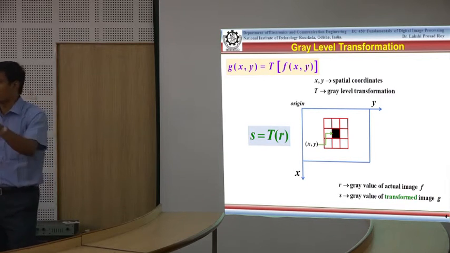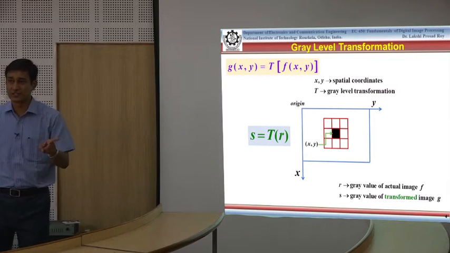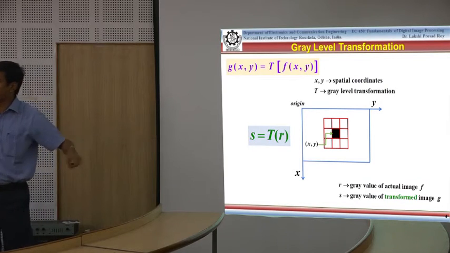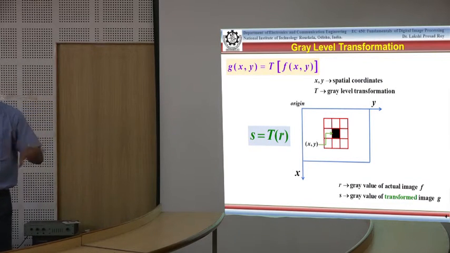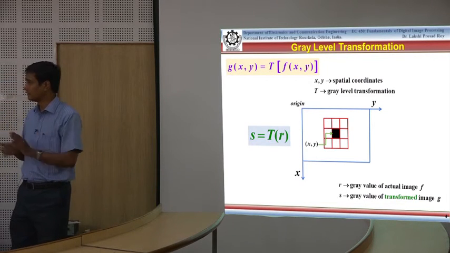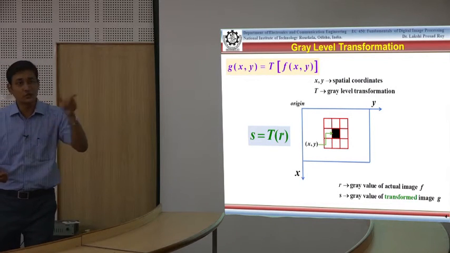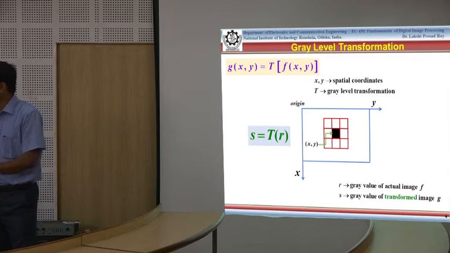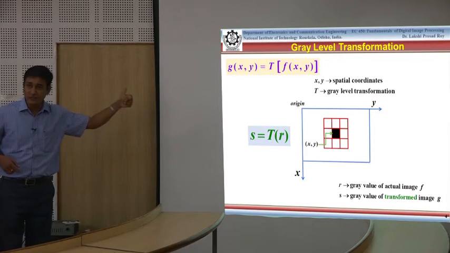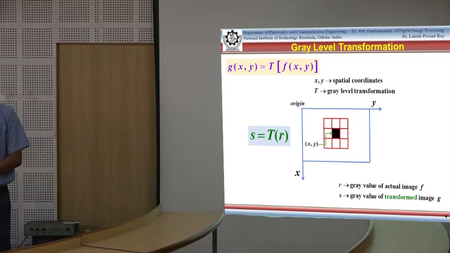Say from now onwards, we take small r as the intensity value of a particular location x,y. Now, x,y can vary from 0,0 to m minus 1, m minus 1 anywhere. So, r is the intensity value of the actual image which is to be transformed through the transformation function capital T, and that gives g(x,y), which will also have an intensity value, say represented as s.